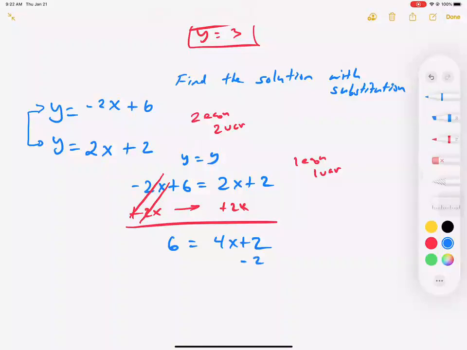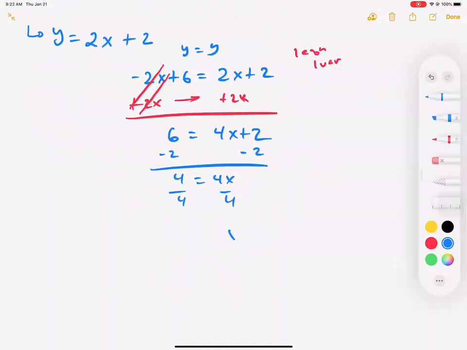We minus 2 from both sides now. 4 is equal to 4x. Then we divide by 4 on both sides. x is equal to 1. All right, x is equal to 1, yay!